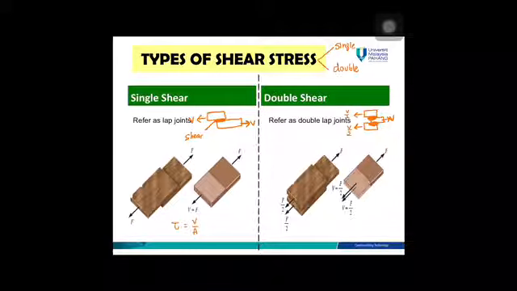The formula here will be tau is equal to V over 2 divided by area, and then you manipulate the equation, then you get tau, shear stress, is equal to V divided by 2A. This is the formula for single shear, and this is the formula for double shear.